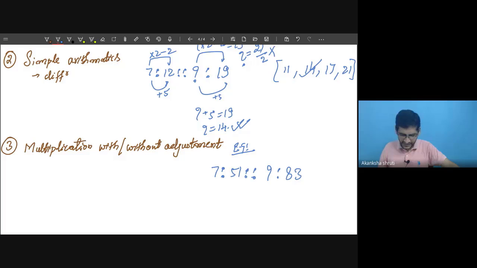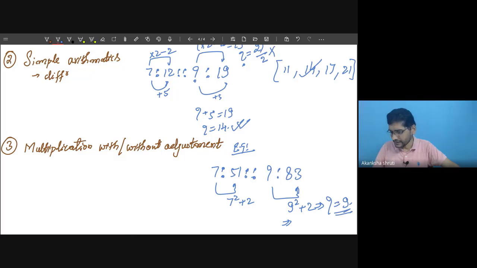Here we are observing that it is nothing but our 7 square plus 2, which gives 51. 9 square, very good, plus 2 gives 83. So this implies it is 9. So it may be your simple arithmetic, the multiplication or power itself. Or we may write like this. Let me take the other topic, the power.